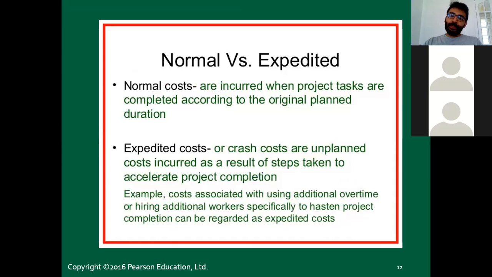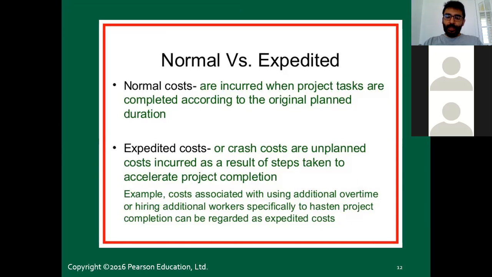And normal and expedited costs means that normal costs are the costs that you write in the original plan. Okay. I mean, normal cost, you are expecting that cost. But expedited costs are unplanned costs as a result of steps taken to accelerate project completion.